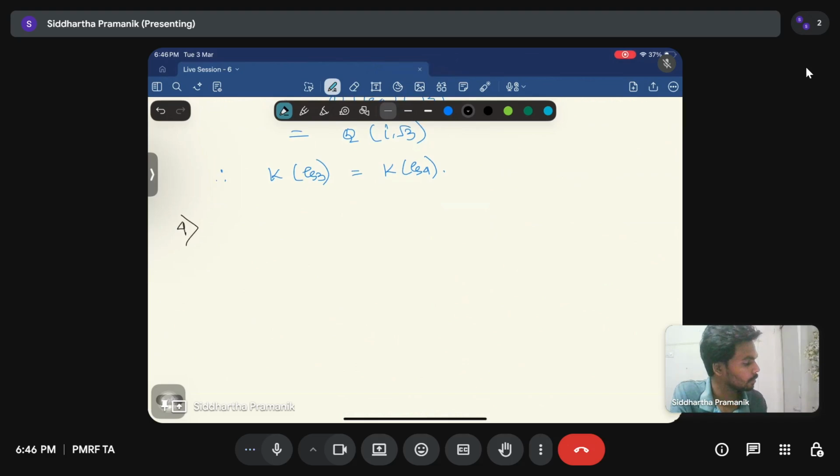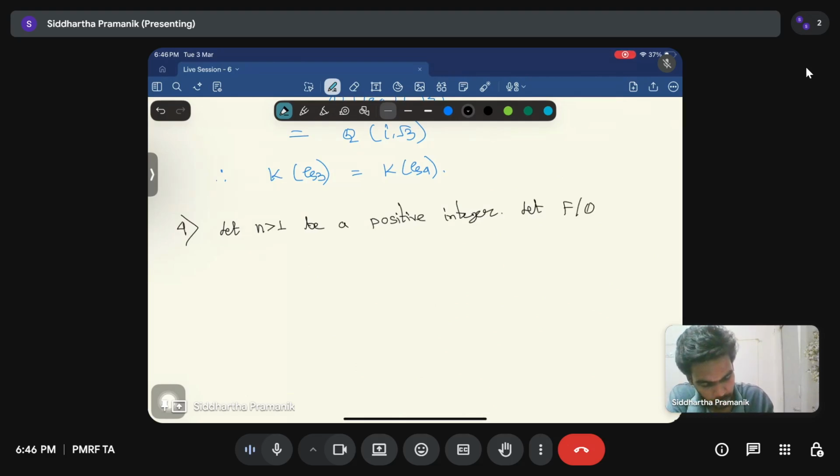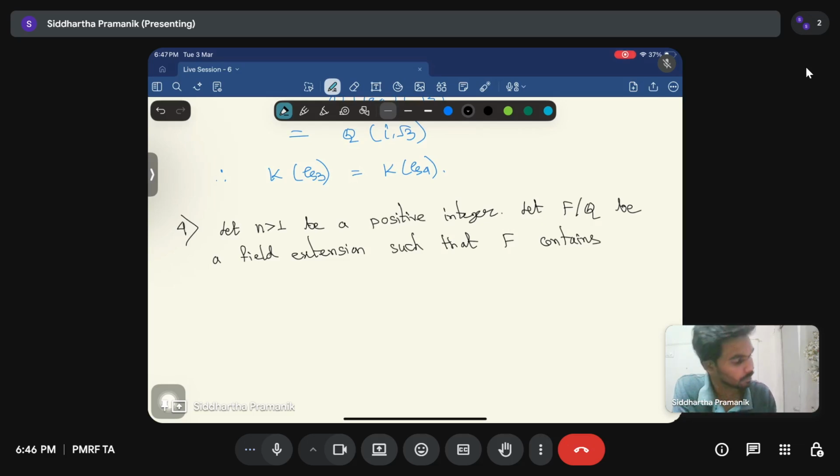Let n greater than 1 be a positive integer, and let F over Q be a field extension such that the field F contains the nth roots of unity.